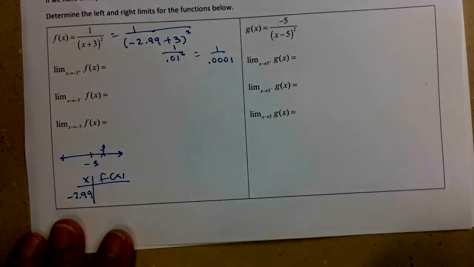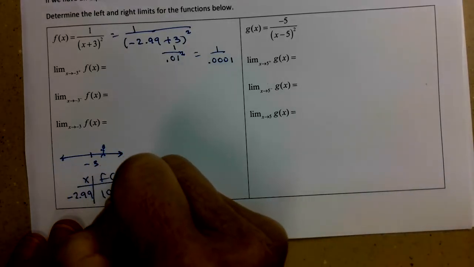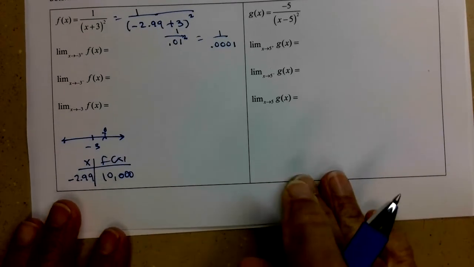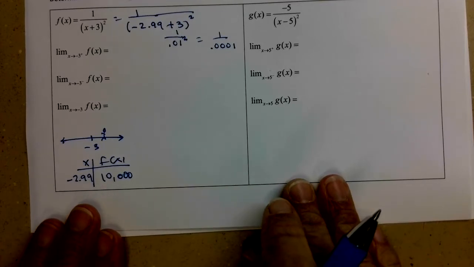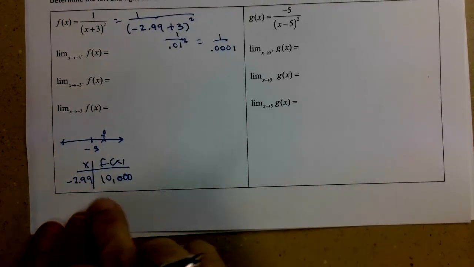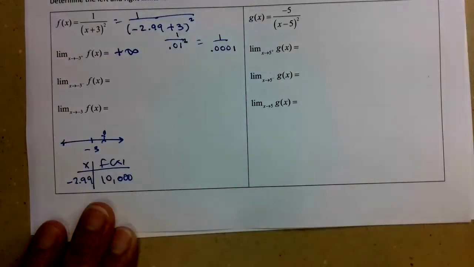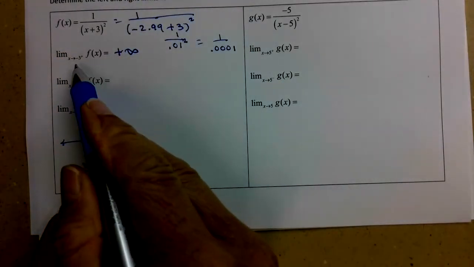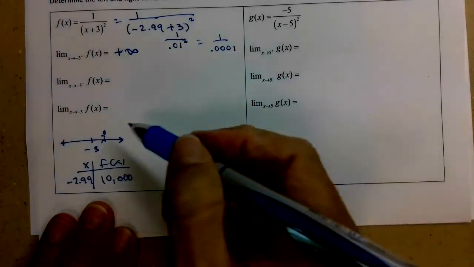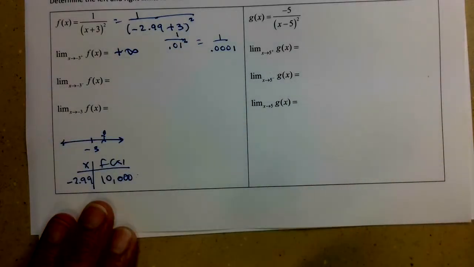Oh my gosh, that's really, really big, right? I'm willing to be off by an order of magnitude since I did that quickly in my head. But that sure does look like positive infinity, right? And if we got even closer to negative 3 on the right-hand side, this would be even bigger.